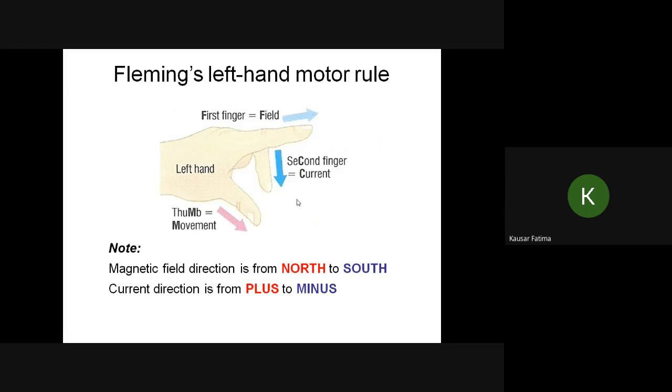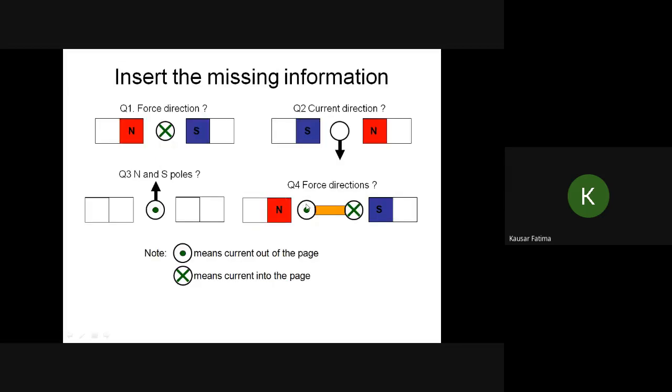Okay, magnetic field north to south, and current direction plus to minus means conventional current. Now here there is some information which is missing. You have to fill it up. Here a cross between the two opposite poles. So what is the direction of force? Cross here shows the current inside, towards the laptop screen.